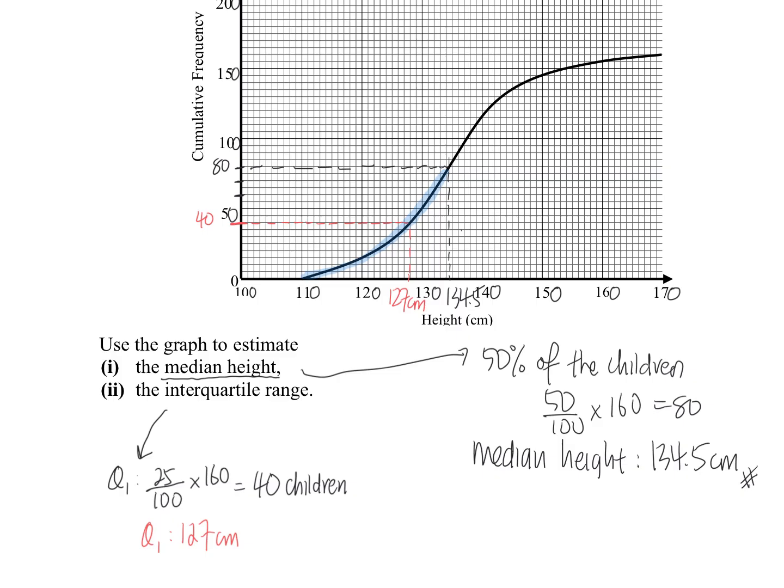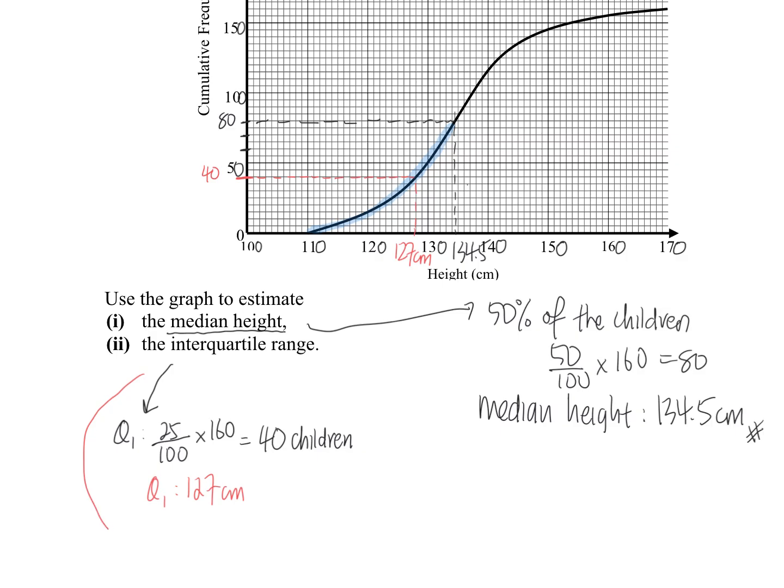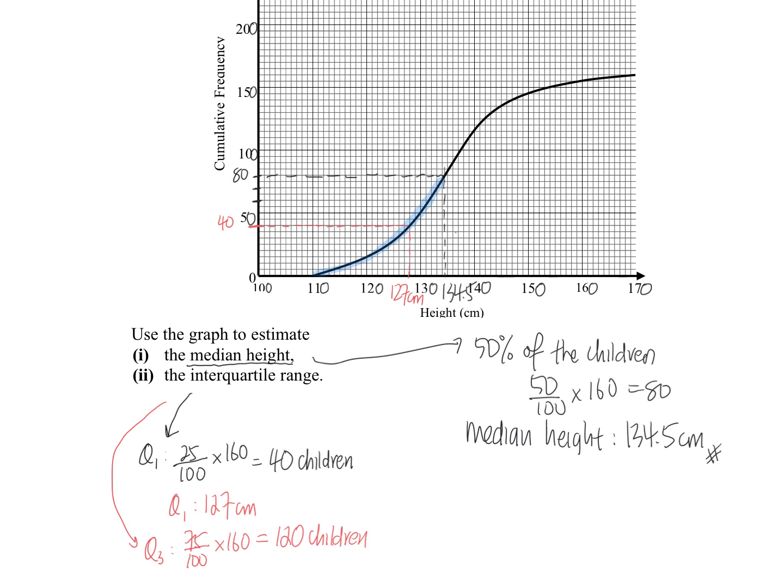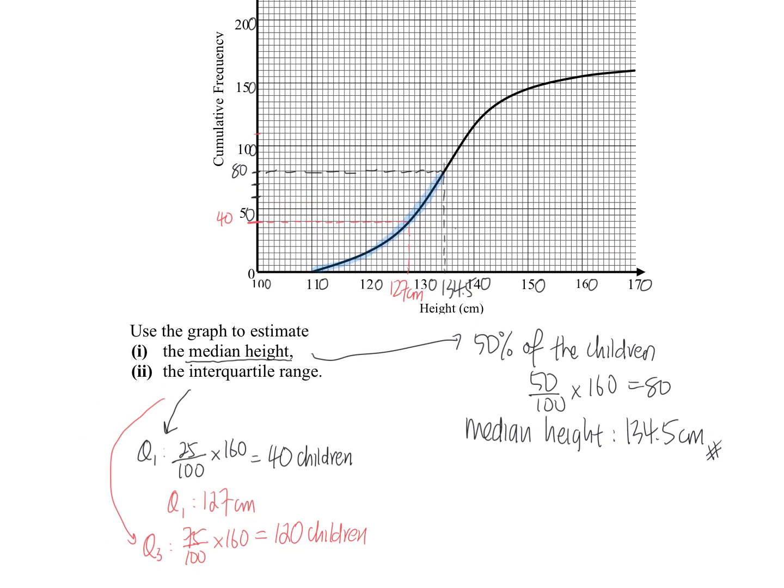Okay, next is I want to find what is 75% of the children. So if I calculate, I want to know what is the height of 120 of them. So you go to the 120 mark, go and read. 2 boxes is 10, so this is 110, 120. So go and draw your dotted line and then try to read the height of 75% of them.